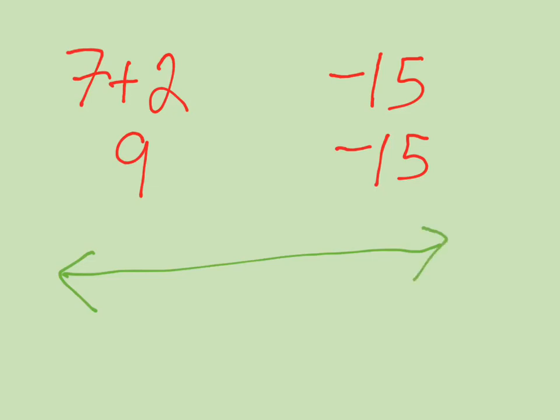Well, 9 might go here, and negative 15 would go to the left of that. And so we say 9, since it comes first, is to the right of negative 15. In other words, 9 is greater than negative 15. So we use the greater than symbol. 9 is greater than negative 15.